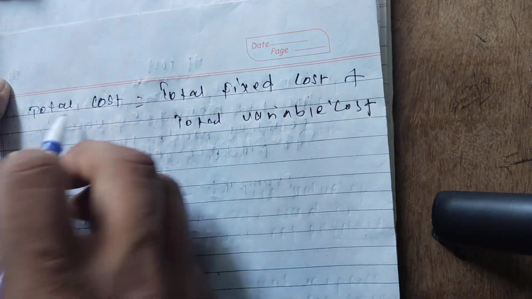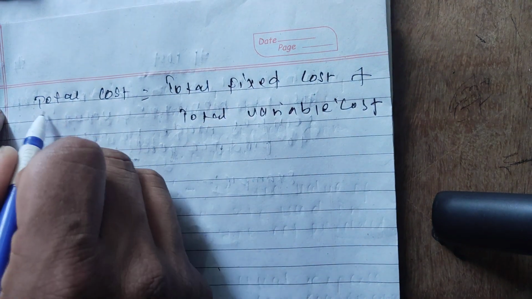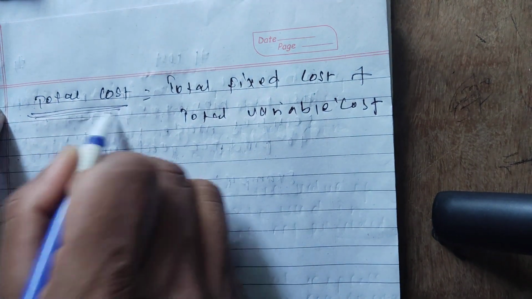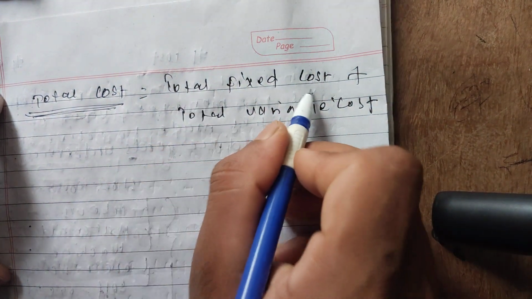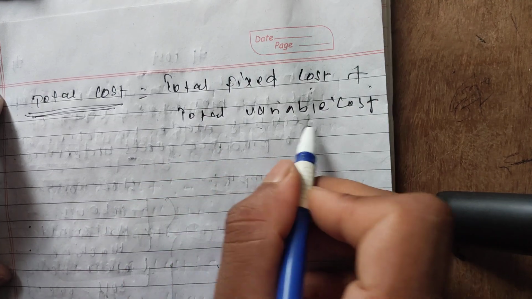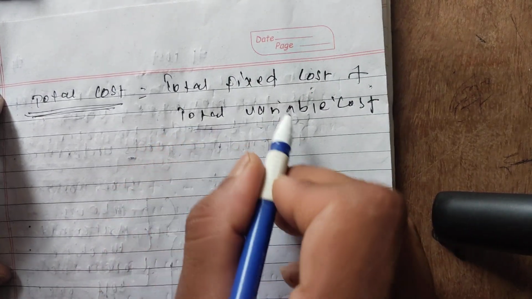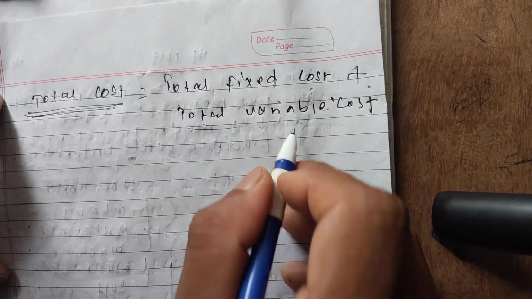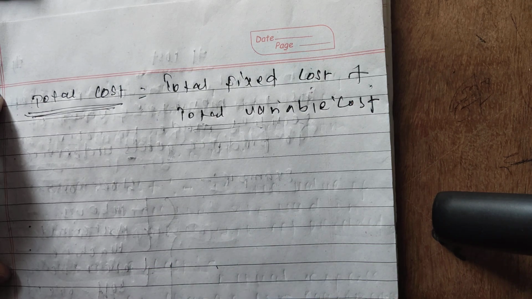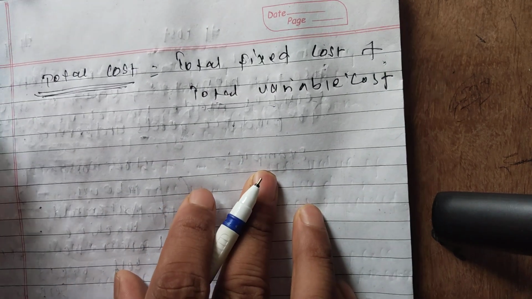So we can understand how to calculate the total cost. In solution, total fixed cost plus total variable cost. When we add the total fixed cost and the total variable cost, we get total cost.